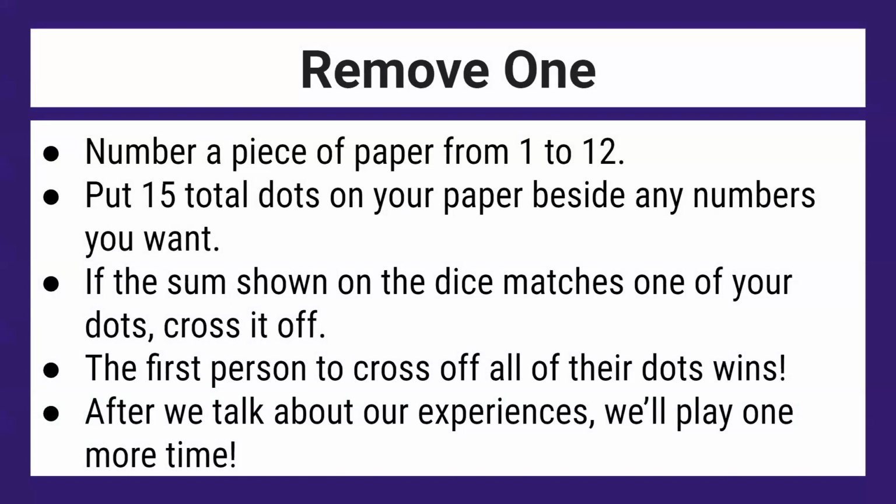They play it once, and then they talk about their experiences, like, oh, it seemed like this number came up a lot more than that number. You see where we're going with this, of course. Then, once you've had just enough of a conversation, let them play one more time and see how much faster it is. From there, you can get into a lot of good conversations about higher probability or lower probability.